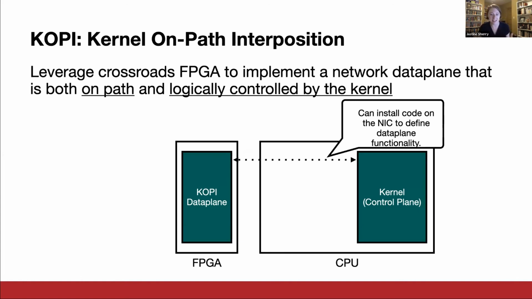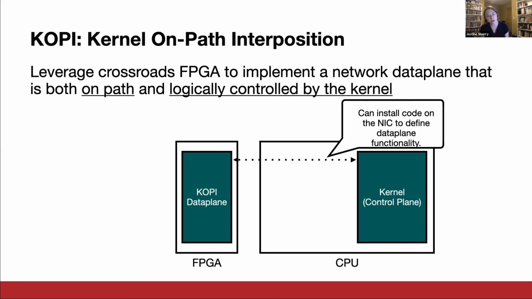In a KOPI design, when you install your new operating system, the operating system is going to install a KOPI data plane on the FPGA. That is, the operating system is going to ship with RTL that defines how congestion control works, or that defines how a queuing discipline works. And this is all going to be programmed onto the FPGA at installation time.